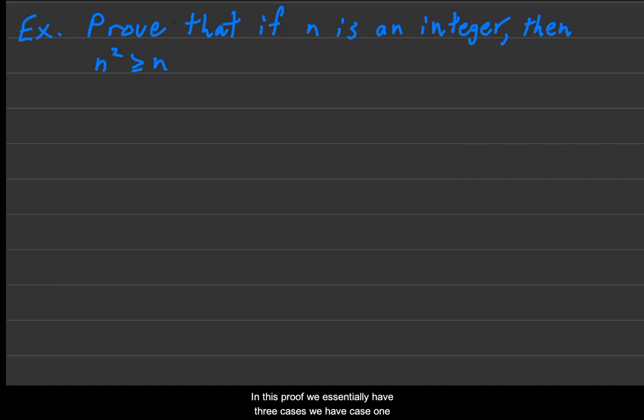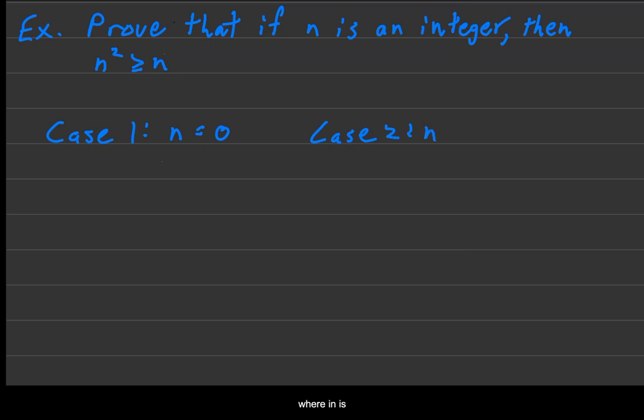In this proof, we essentially have three cases. We have case 1, where n is equal to 0. We have case 2, where n is greater than or equal to 1.